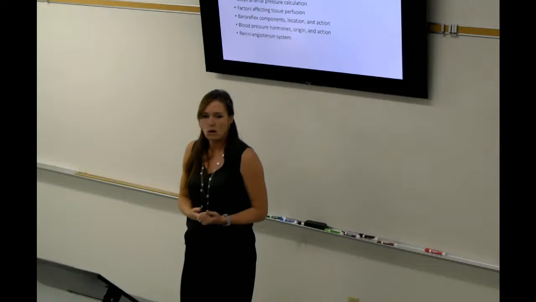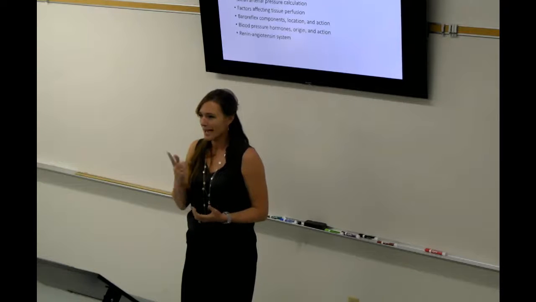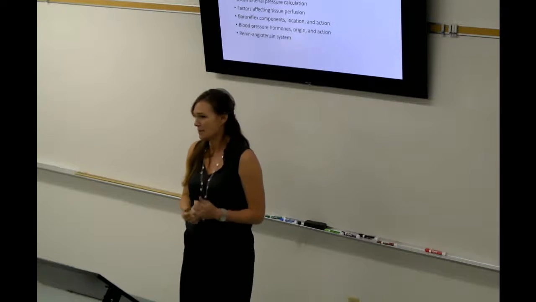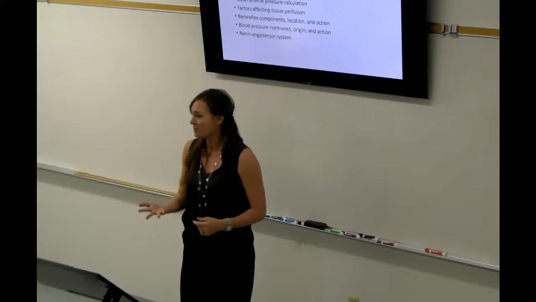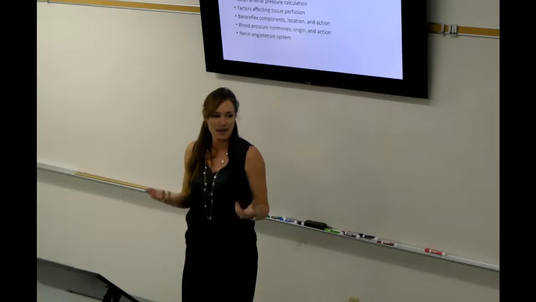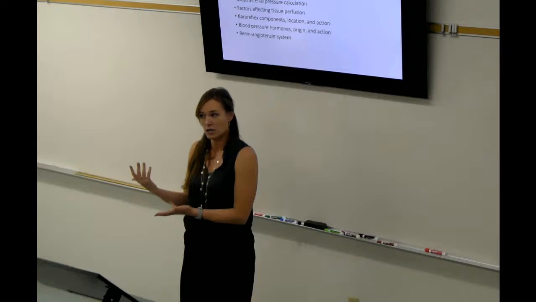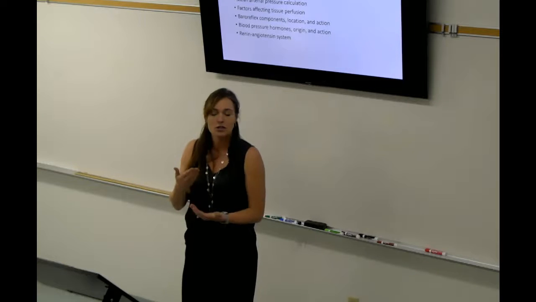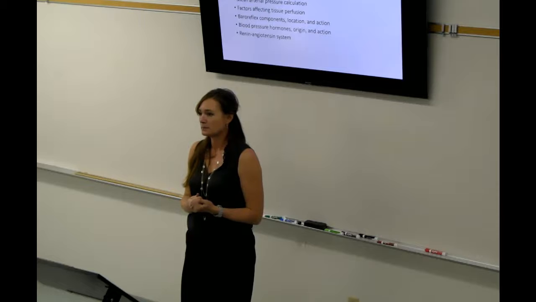Who can tell me what one of those medications is? ACE inhibitors. ACE, angiotensin converting enzyme inhibitor, stops the formation of what? Angiotensin 2. So you have a lot more angiotensin 1 because you're converting less over. So that's an ACE inhibitor. Then what is the other one?